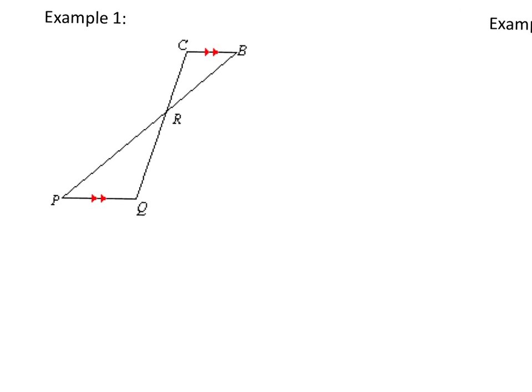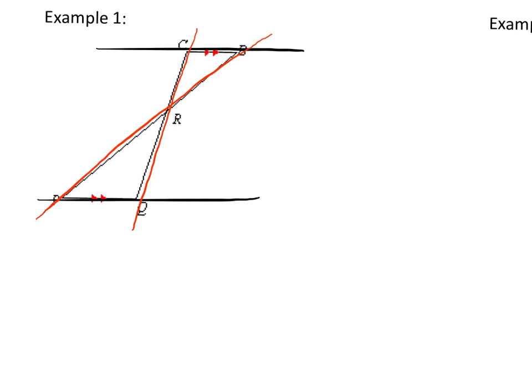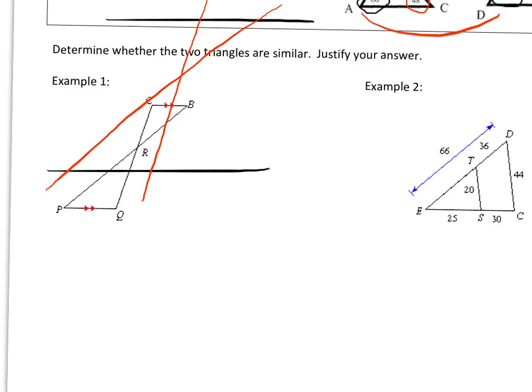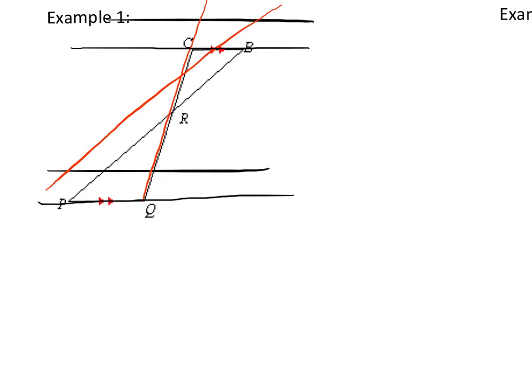Because if you have this shape and you have parallel lines, then this CQ right here and BP, those create transversals.